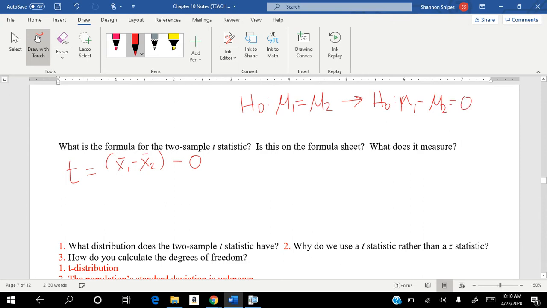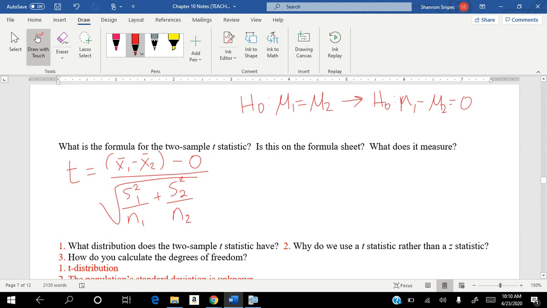So statistic minus parameter over the standard deviation of the statistic. So of course that's going to be that standard error up there. Remember, for standard deviations, we always add variances. So that's why this has a plus in the middle.